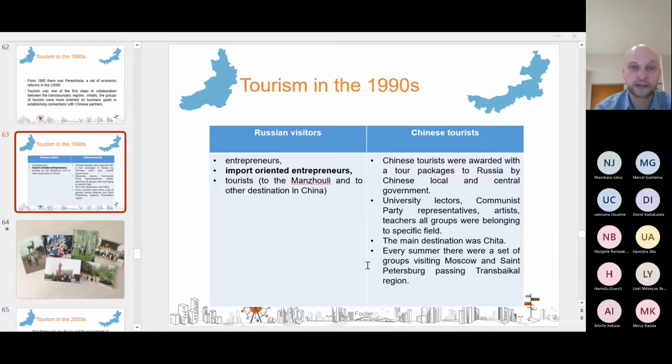The tour companies had to defend the tourist groups from Chinese and Russian organized criminal groups and bands operating in both transboundary regions, especially in the transport nodes like train stations, airports, entrances to the hotels, and so on.